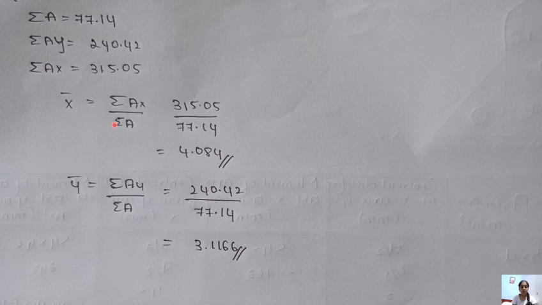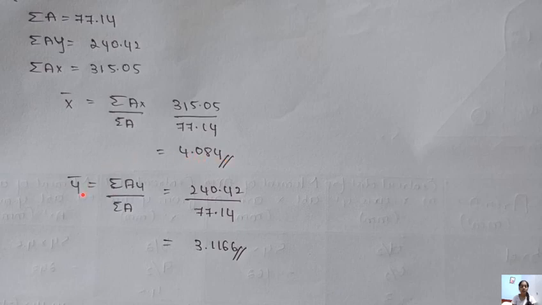Now let us calculate x bar and y bar. The formula for x bar is summation of AX divided by summation of A. Summation of AX is 315.05 divided by summation of A, which is 77.14. By dividing this, you will get 4.084.